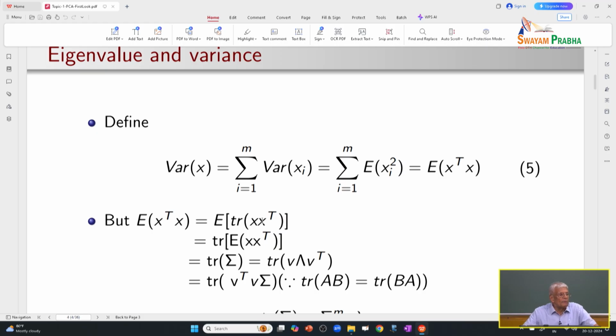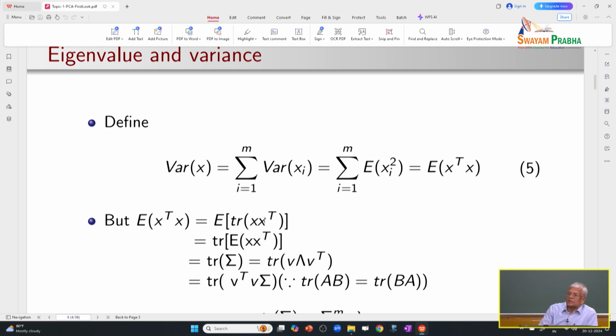Trace is an operation on matrices. And x transpose x is a scalar, so there are two operators involved in here. I am going to replace x transpose x by trace of x transpose x. Please understand, there is a nice thing that's going on in here. x transpose x is equal to trace of x transpose x.